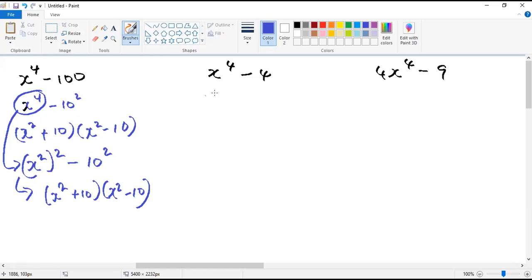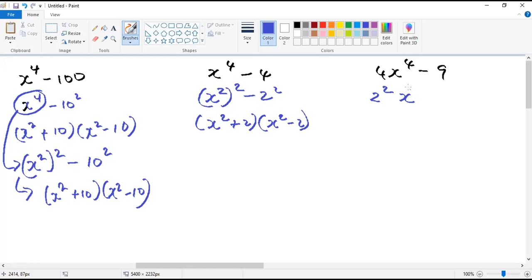Okay. All right, so now that you guys know the trick, you know what to do now. So this here would just be x squared squared minus 2 squared, and then from here just x squared plus 2, x squared minus 2. And then here we have 2 squared. So this is an interesting one.